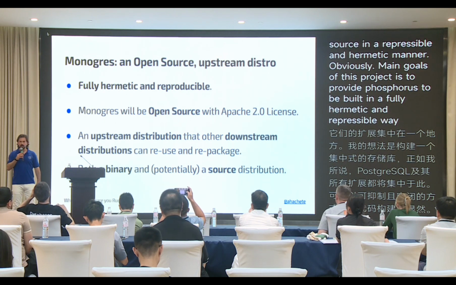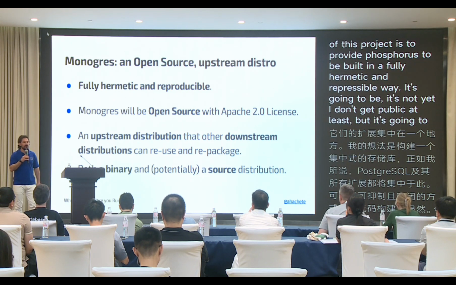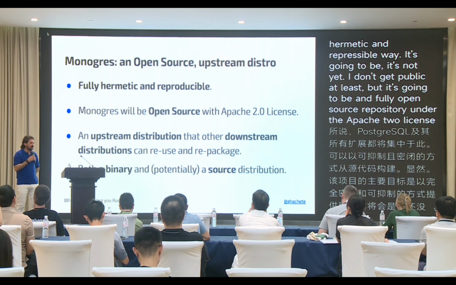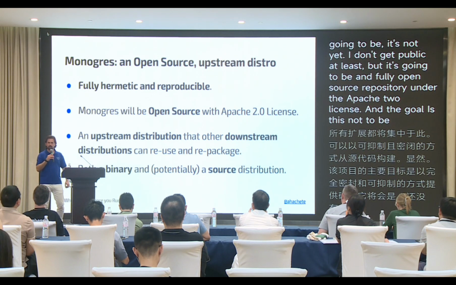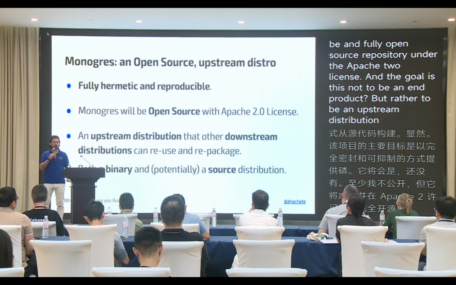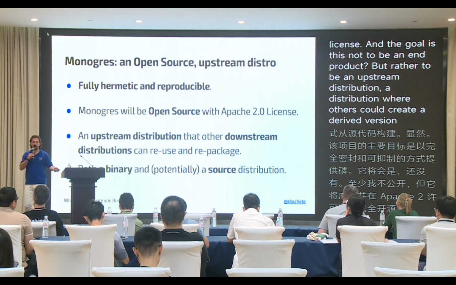It's not yet public at least, but it's going to be a fully open source repository under the Apache 2 license. And the goal is not to be an end product, but rather to be an upstream distribution, where others could create a derived version and create their own packaging.